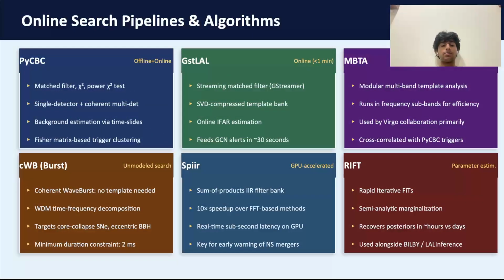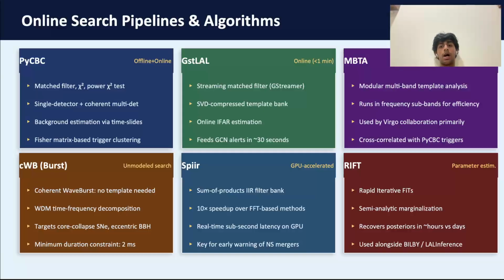Next is the online search pipelines and algorithms which were used to detect gravitational waves. This is six pipelines running continuously. PyCBC, which is match filtering with time slide false alarm estimation. GstLAL, real time SVD compressed templates, sub minute alerts.